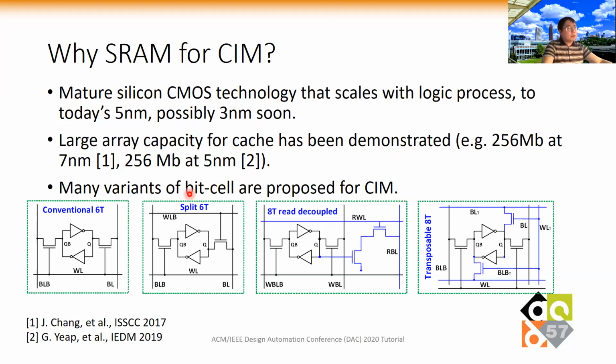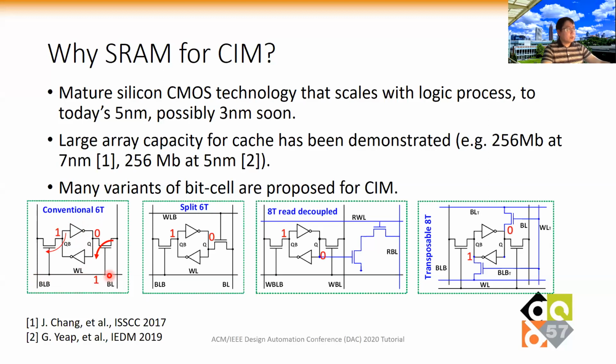And there are many variants listed for the SRAM bit cell, and we can use them for the computing memory. So here we show different bit cell structures. The first one is a conventional 6-transistor SRAM, and let's look at how we use this SRAM cell to do the computation. Let's assume the weights we stored here are 1 and 0. Then the activation will enable the word line.